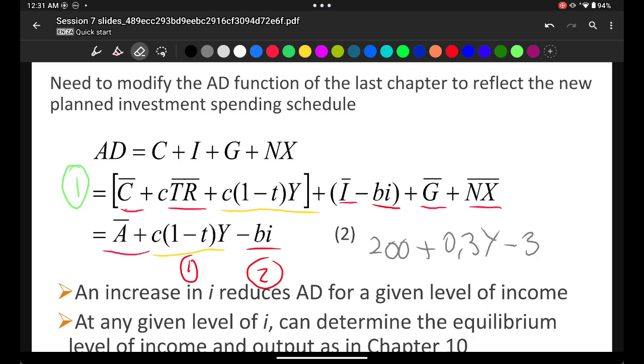If they say I is 0.07, you put that. If they say I is 7%, you're going to put 7. Then you work it out, and this will be your whole aggregate demand function. You'll have a Y in your aggregate demand function. Don't stress, because that's an expression.